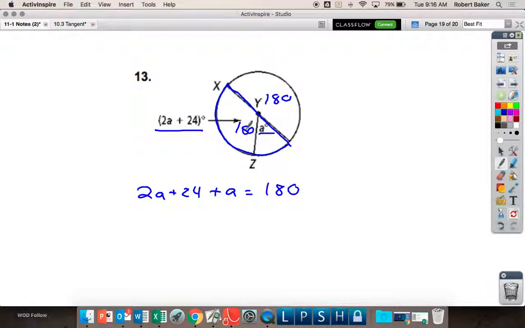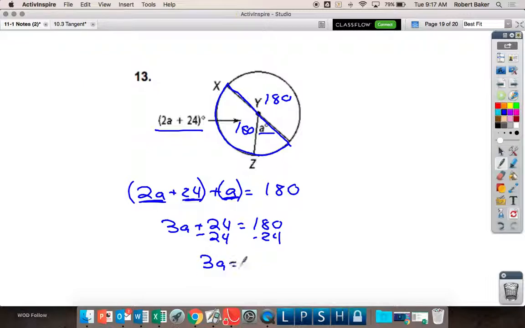Now I just say that the first chunk plus the second chunk, they have to add up to 182. And I can just combine like terms. 1a plus 2a's is 3a's. And then 24 is by itself. Subtract 24 from both sides, and divide both sides by 3.